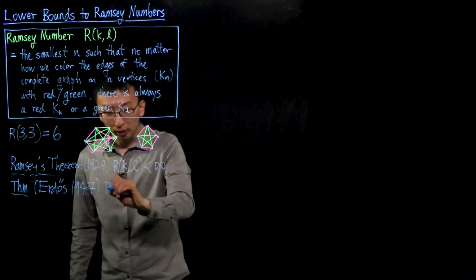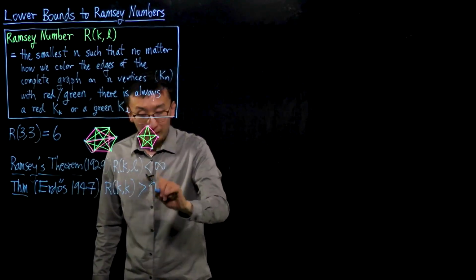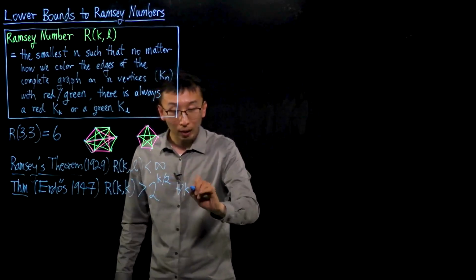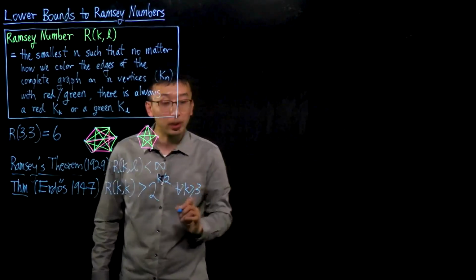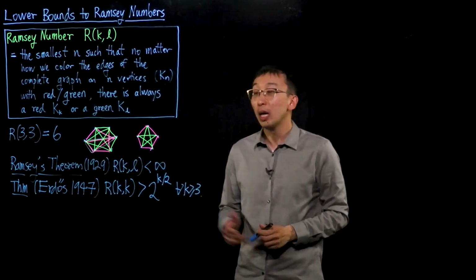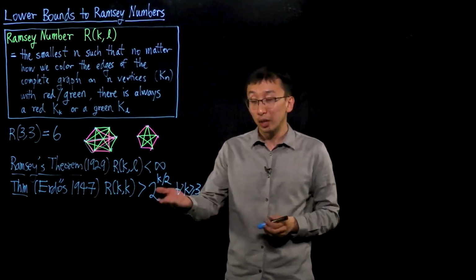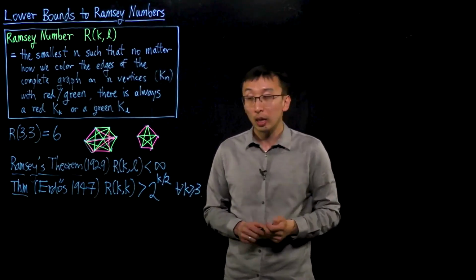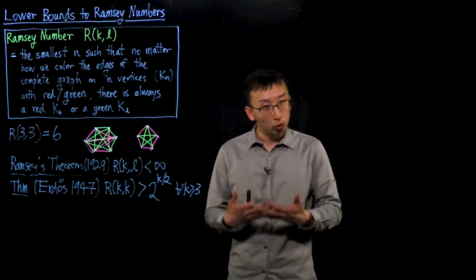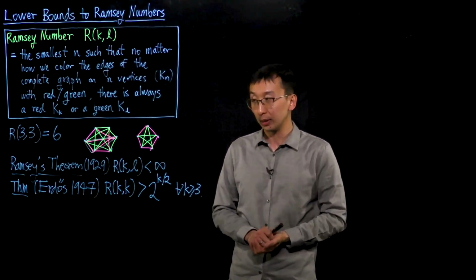Erdős showed that R(k,k) is bigger than 2 to the k over 2 for every integer k bigger than 3. Okay, so this is a lower bound to the Ramsey numbers. And what this says is that if you have too few vertices, namely 2 to the k over 2 vertices, then there is always a way to color the edges with 2 colors so that there is no monochromatic clique on k vertices.